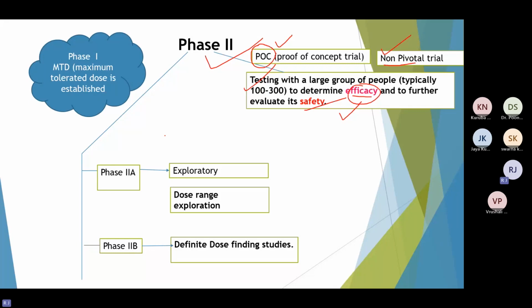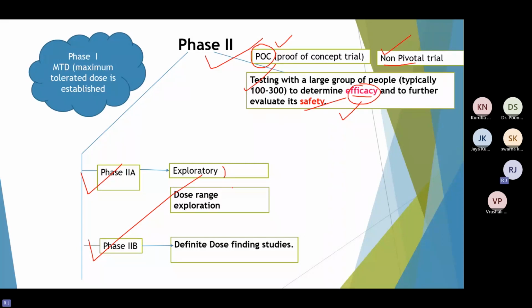Now again, as in phase 1, I said phase 1 is divided into two parts, phase 1A and phase 1B. Similarly, phase 2 is also divided into two parts, phase 2A and phase 2B. Now, what is phase 2A? Phase 2A is called exploratory trial, and phase 2B is called definite dose finding studies. I'll tell you what we do in phase 2A and phase 2B with one simple example.